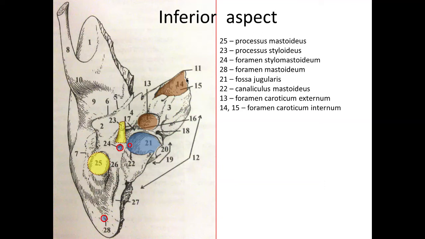Then let us find this very interesting structure, number 16 and 17. What is it? It's fossula petrosa, or apertura inferior canaliculi tympanici.